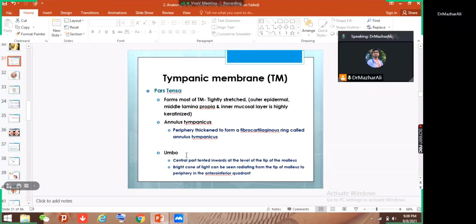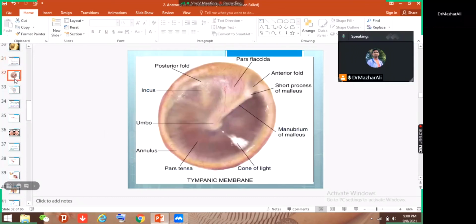Now you can see in the picture the structures and names of the different parts of the eardrum. This we call the pars flaccida. This is the posterior fold. This is the incus. This is the umbo, which you can say is the tip of the malleus. And this is the pars tensa. If you want to see the eardrum or the malleus, you can pass light and you see the cone of light.